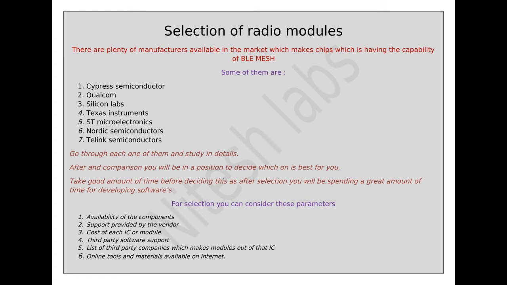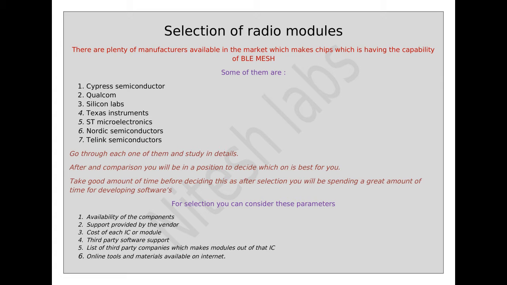There are plenty of manufacturers available in the market which make chips having the capacity of BLE mesh. Some of them are Cypress Semiconductor, second Qualcomm, third Silicon Labs, fourth Texas Instruments, fifth ST Microelectronics, sixth Nordic Semiconductor, seventh Telink Semiconductor.